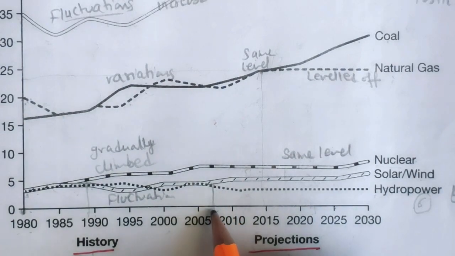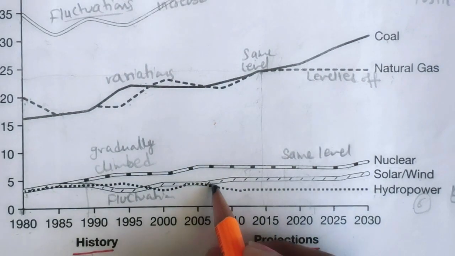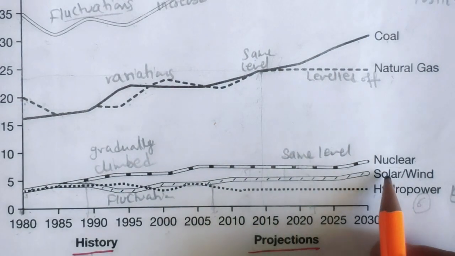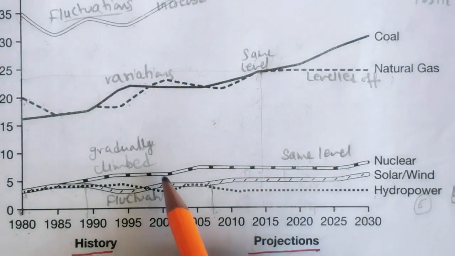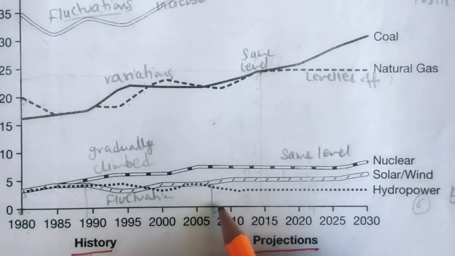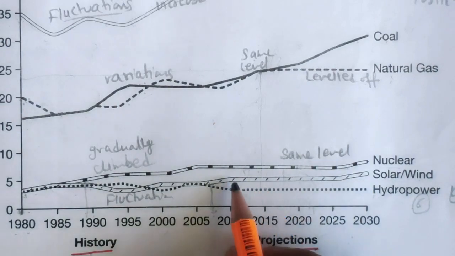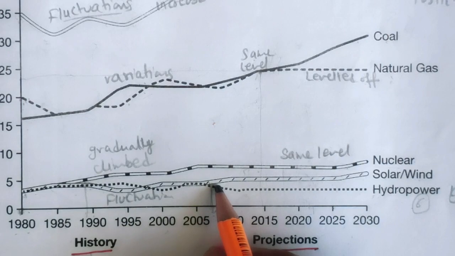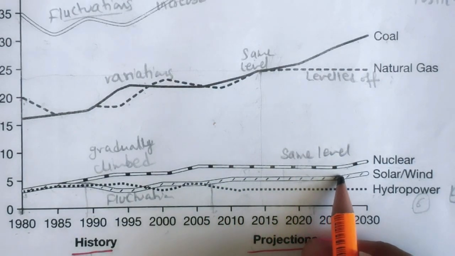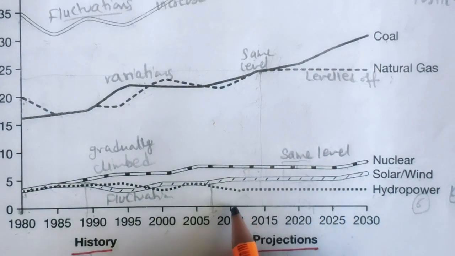You have to give figures here in detail. So till 2007 they were fluctuating, so fluctuations are there. But after that, you have to just create a story by using these words. After 2007 they were separated on their own path. Solar and wind were at the same level, so we will be changing the word while writing.